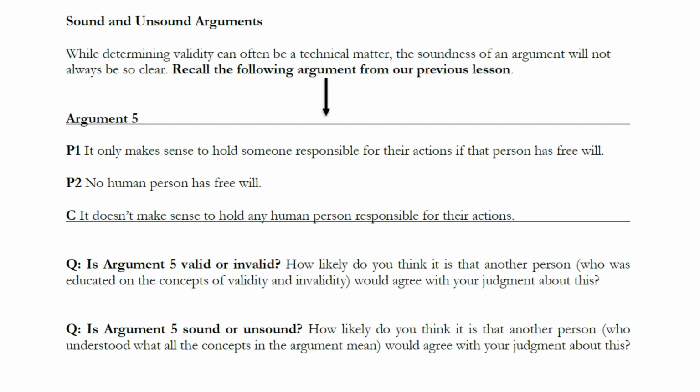Every human person lacks free will. The direct conclusion to draw from this is precisely the one that is in fact drawn by the argument. It doesn't make any sense to hold anyone responsible for their actions. So, this means that the argument is valid. Now, before we ask whether this argument is sound, consider the following question.